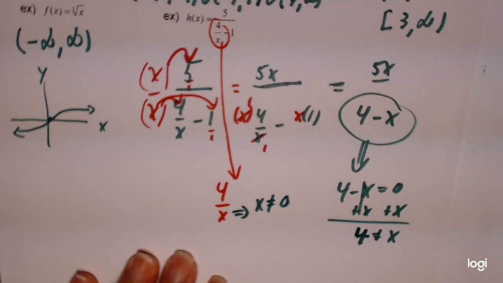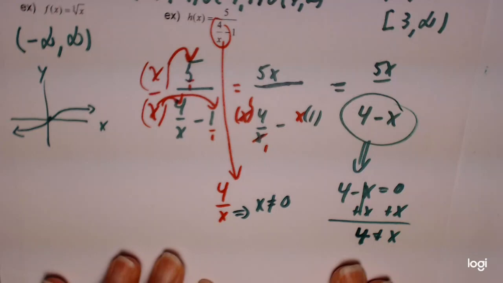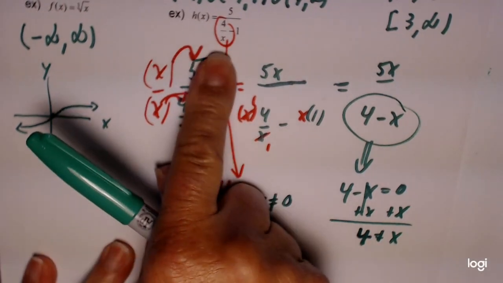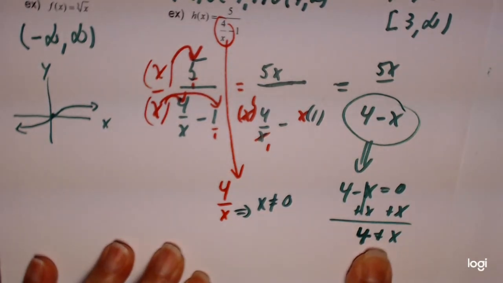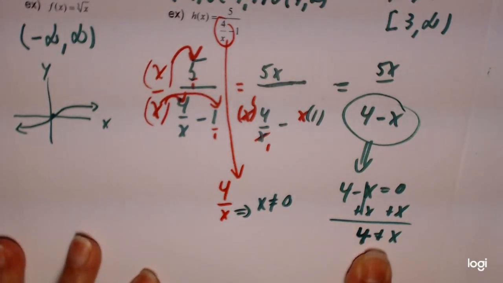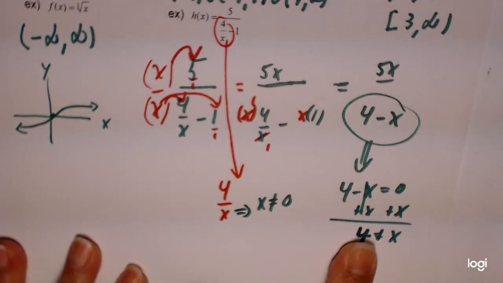X can't be equal to 0. So we have two values that we have to kick out of the domain. 0 from the original statement that we had, and then the 4 that we get after we simplify this complex fraction.